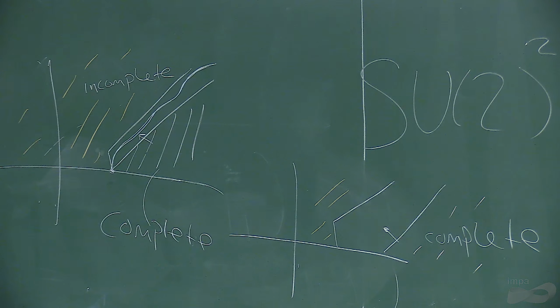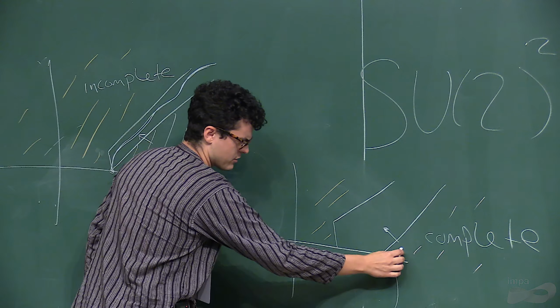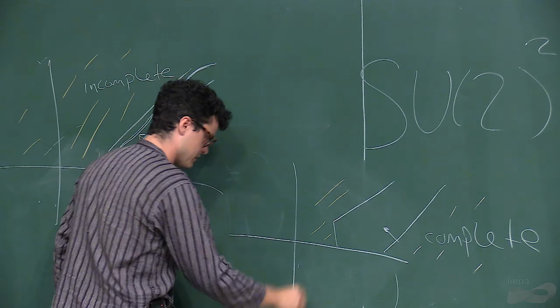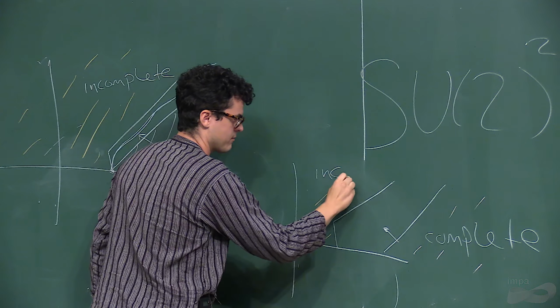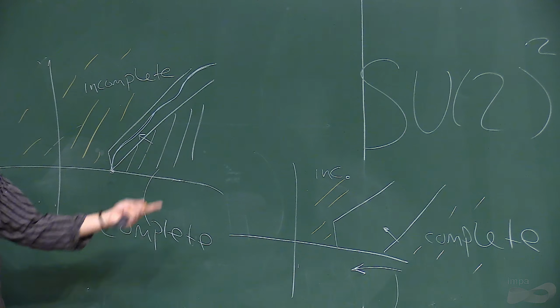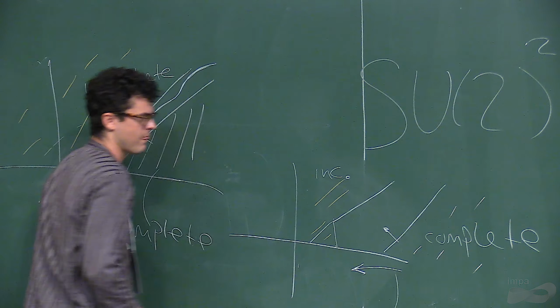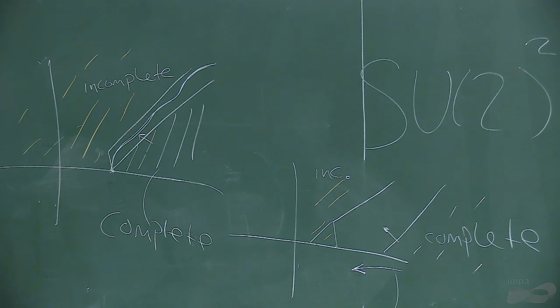However, you do know what happens as L goes to infinity, so this is incomplete, is that this set moves uniformly towards this guy.